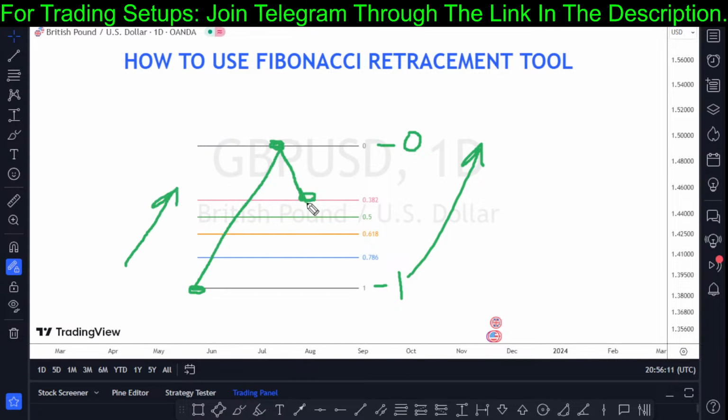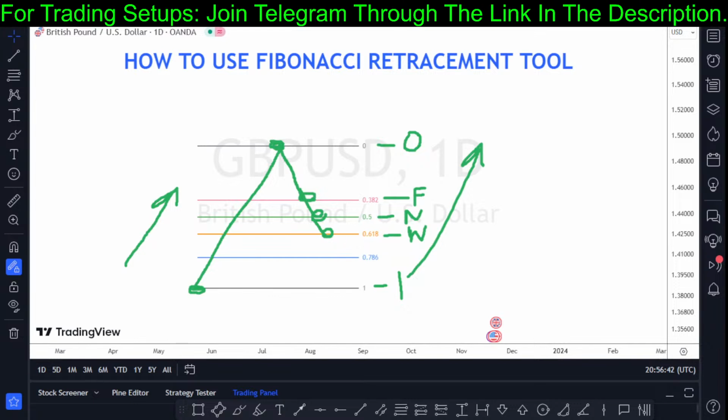Price could react to the 0.5 if the price is under a normal moving trend. While price could react to the 0.618 if the market is under a weak trend. So the 0.382 means fast trend, the 0.5 means normal trend, while the 0.618 means a weak trend. So know the differences between these levels, right? So this is how you use the Fibonacci retracement in an uptrend.